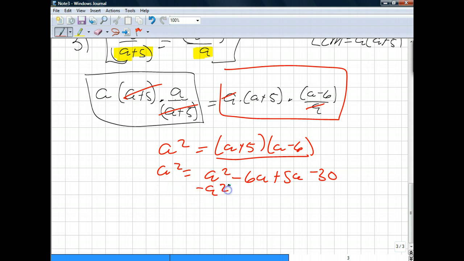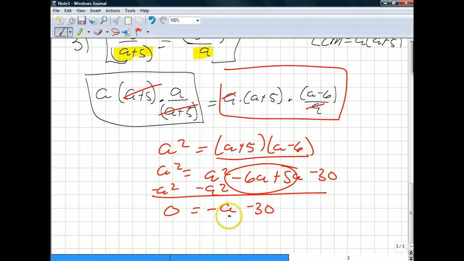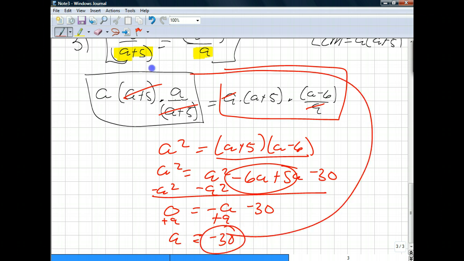Subtract a squared. I get 0 equals negative a minus 30. Add a to both sides. A equals negative 30. And again, we need to check, is negative 30 in our domain? Yes, it is. So our solution is negative 30.